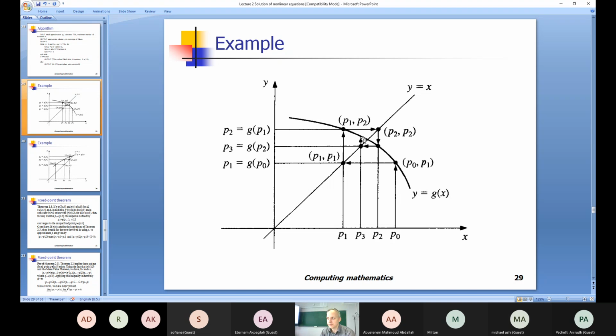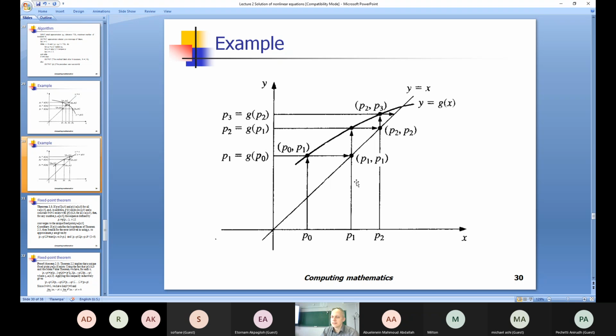This process converges to this point. This is the first point, second point, third point, and so on. So P1 is g of P0, P2 is g of P1, P3 is g of P2, P4 is g of P3, and so on.